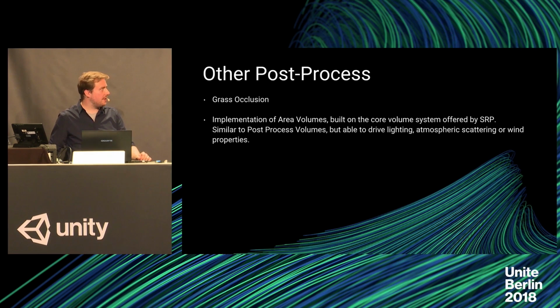And then we use something that we call area volumes. It's building on the core volumes system that exists in SRP. It's basically like post-process volumes. With post-process volumes, for example, you have a sphere and you have this specific post-process in this sphere, and when you get out of it, you can fade from one post-process effect to another.